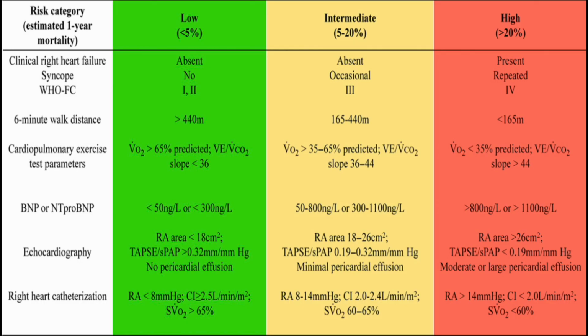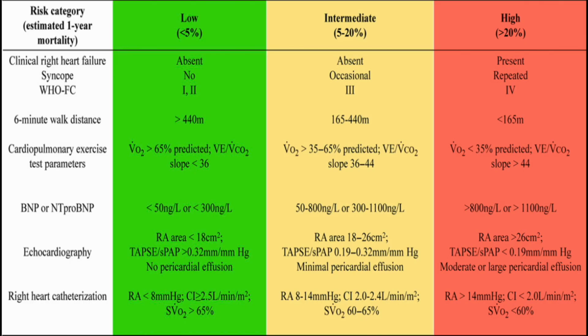In exercise testing, VO2 is more than 65% of predicted, and the VE/VCO2 slope is less than 36. The BNP is less than 50, echo will show less cardiac involvement, right atrial pressure is less than 8, and cardiac index and other values are nearly normal.